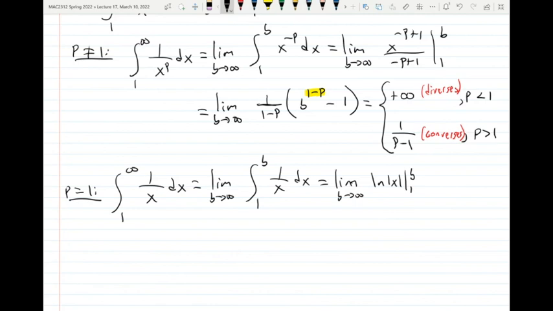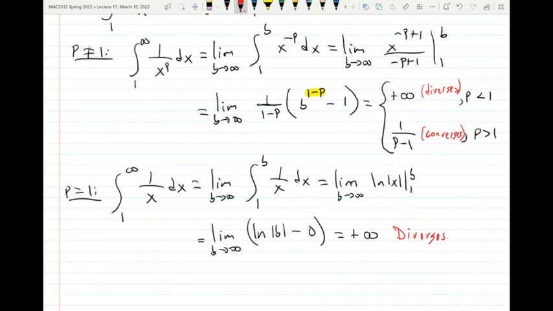From 1 to b. So this is going to be the limit as b approaches infinity of ln of b minus ln of 1, which is 0. So that's just ln of b, right? And when the argument of the natural log goes to infinity, the natural log also goes to infinity, right? So this diverges here. Yes?